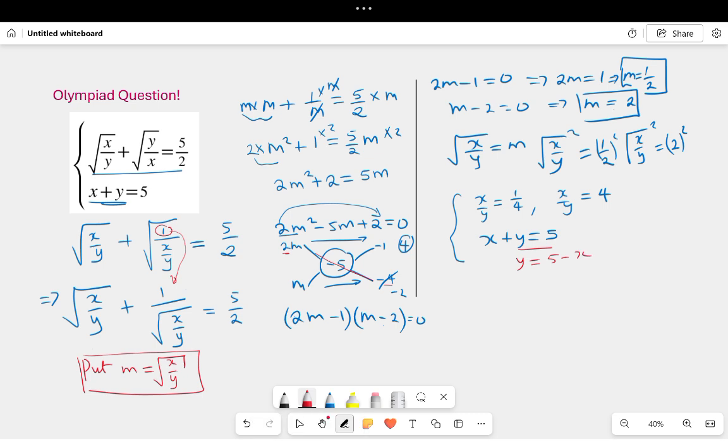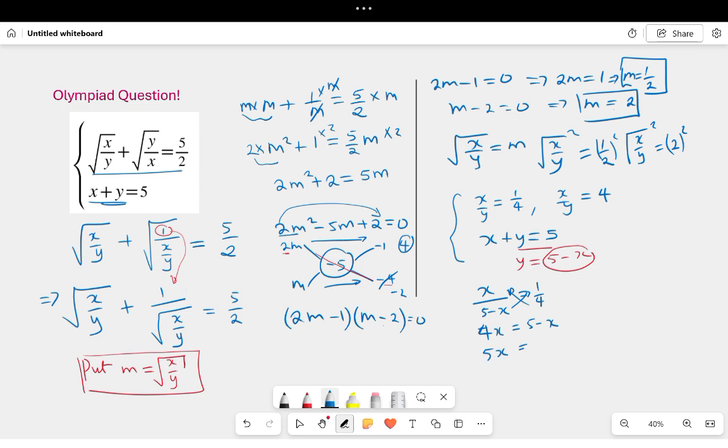Now, replacing it in the first set of solutions that we had, we are going to have x divided by y, and instead of y, we write 5 minus x, equal to 1 over 4. Now, we are going to do cross multiplication here, and our answer is going to be 4x is equal to 5 minus x.